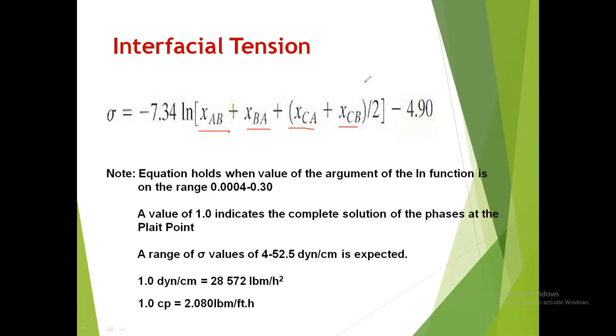In the other unit operations, it's mole fraction or percentage by mole. So in this formula, it's mole fractions, not mass fractions.